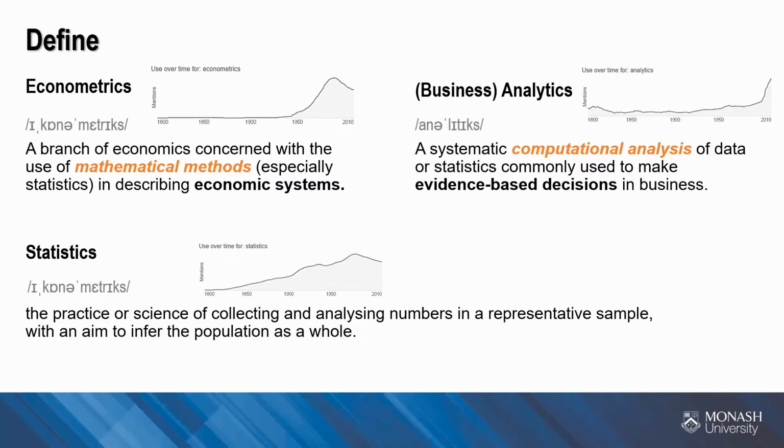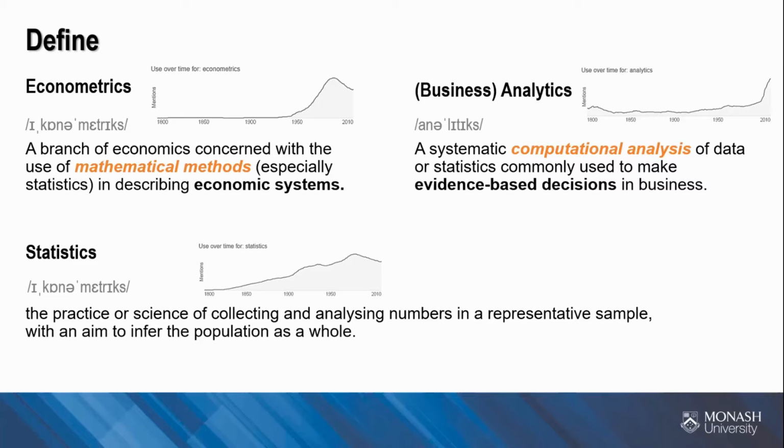That's typical statistics, and statistics has been there since a very long time. If you can see the use over time for statistics, it started from maybe the 1800s all the way till today. But as you can see, the trend is probably slightly on the decline, but still there's a lot of use of statistics.